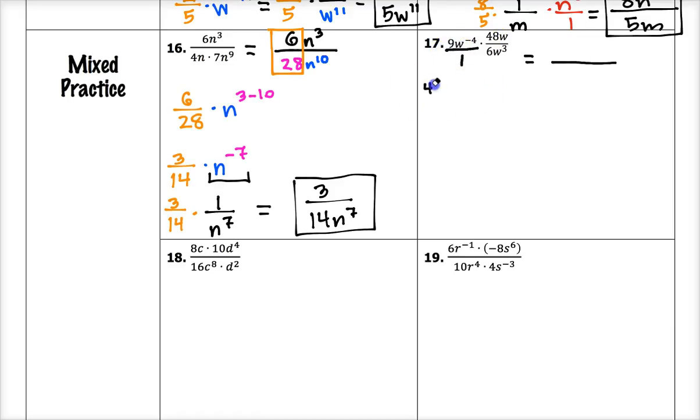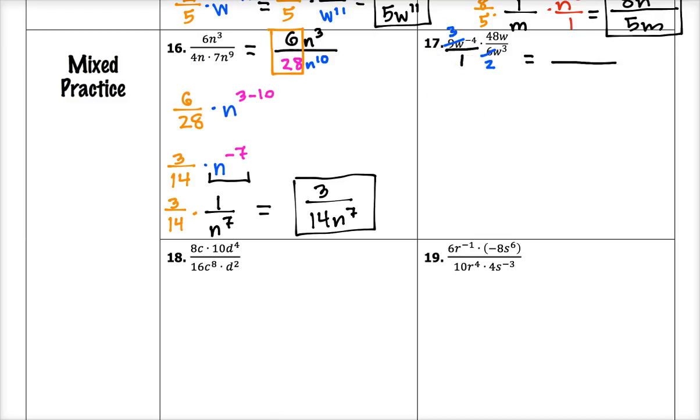Remember, when we're multiplying fractions, sometimes canceling can help. So what I can do here is I can cancel along this diagonal. I have a 6 and a 9 as these coefficients. 6 and 9 are both divisible by 3, so I can make this 6 a 2 and this 9 a 3 if I divide both 6 and 9 by 3.